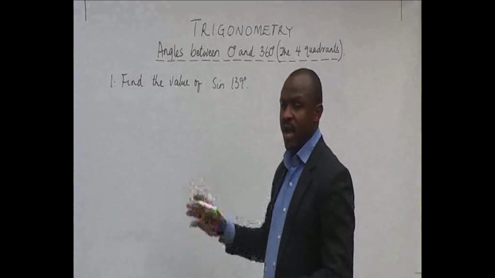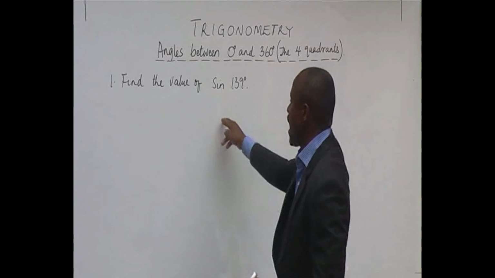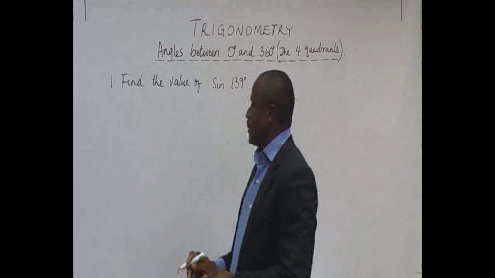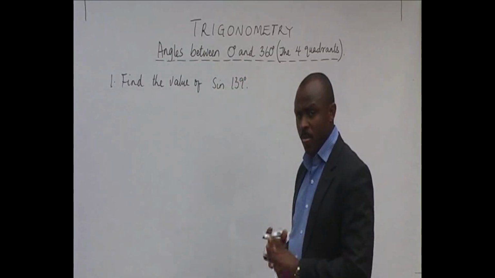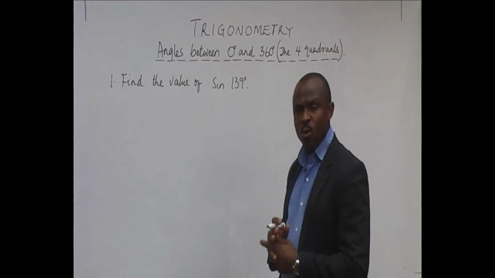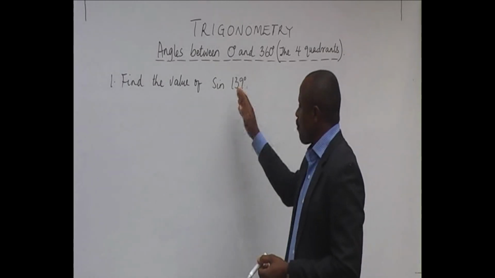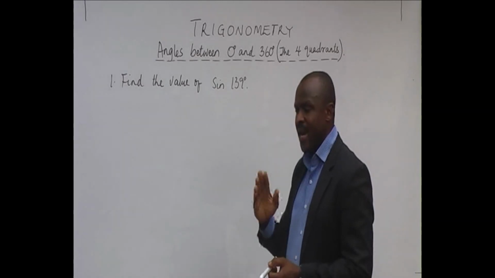The first question says we should find the value of sine 139 degrees. When you are given this question, the first thing you do is ask, 139 degrees, in which quadrant is it? First quadrant has 90. Second quadrant has 180.